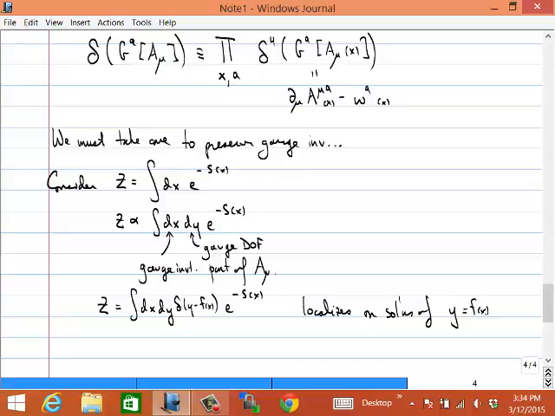So y is supposed to be the gauge parameter, and it's going to be some function of the gauge invariant part of the gauge field A. And so what we then do is introduce a function g of x, y, which has zeros when y is equal to f of x.